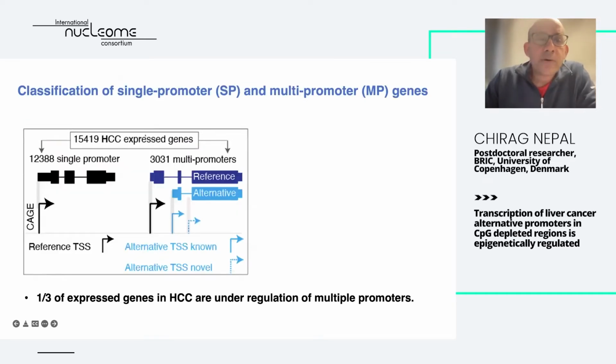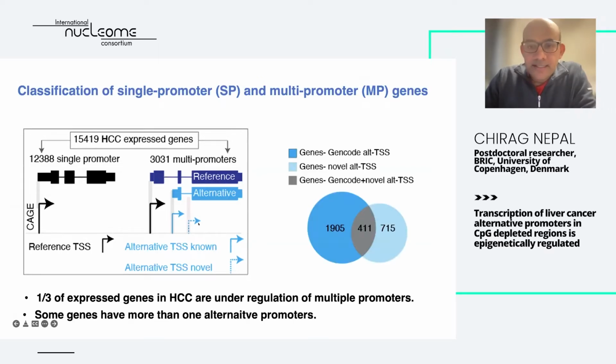What we did is classify these 15,419 expressed genes into single promoter and multi-promoter. In the single promoter, you only have one TSS, but in the case of multi-promoters, you have reference and alternative promoters. You can have one or two, and either known alternative TSS or novel alternative TSS.